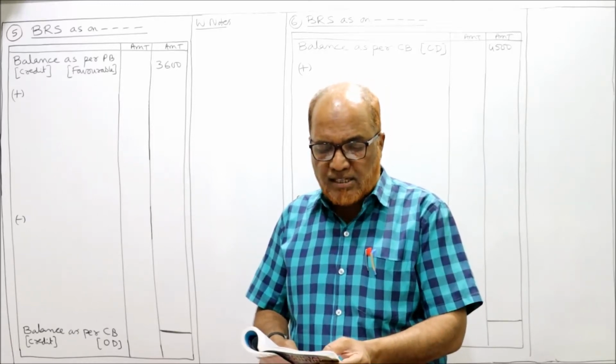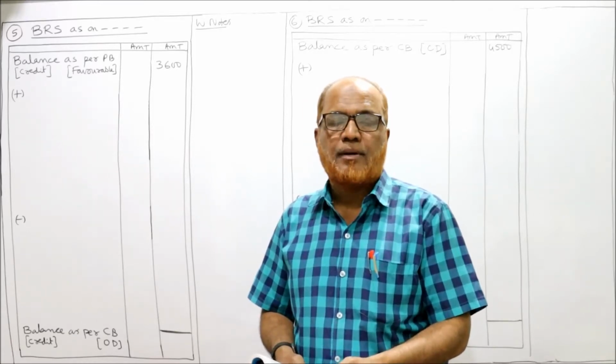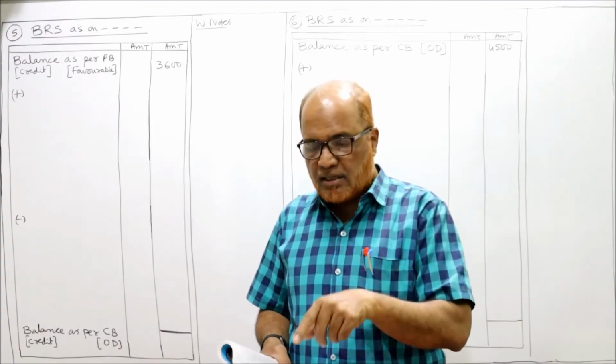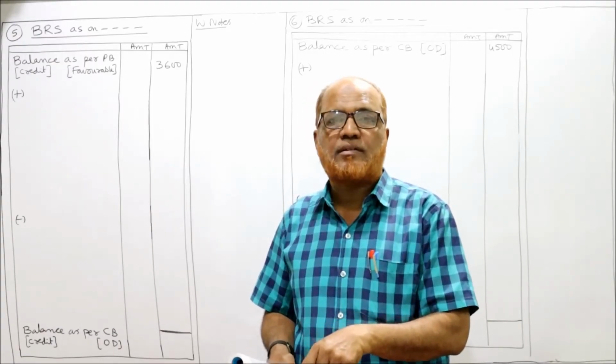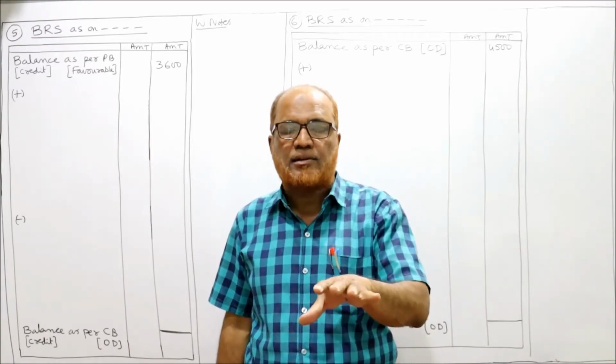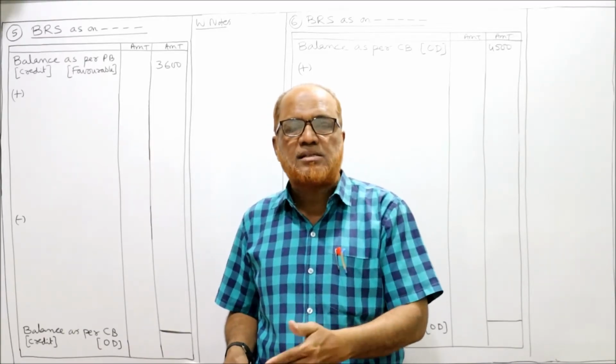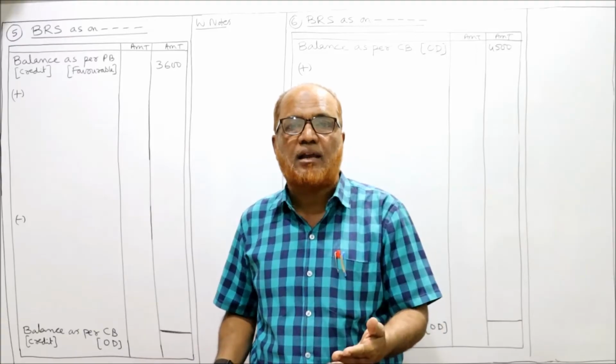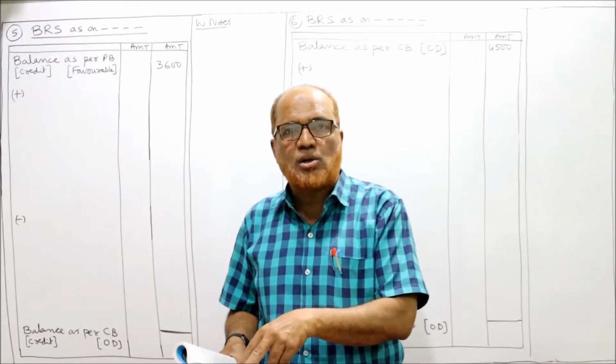And balance as per cash book is also given, credit. In earlier problems, one balance was given and the other we had to calculate. But in this problem, both the balances are given, and we have to reconcile. The answer is also given.